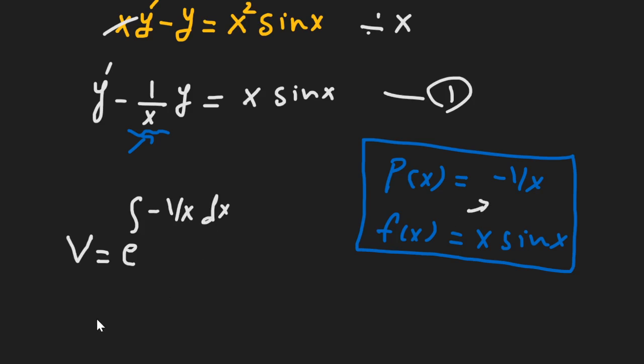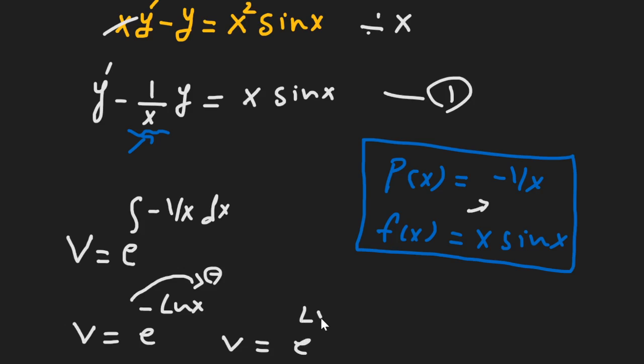If you integrate this, v equals e to the minus ln x. The minus sign can be moved up, so v equals e to the ln x to the minus 1. There is an e here, so these two will cancel, and your v is going to be x to the minus 1.